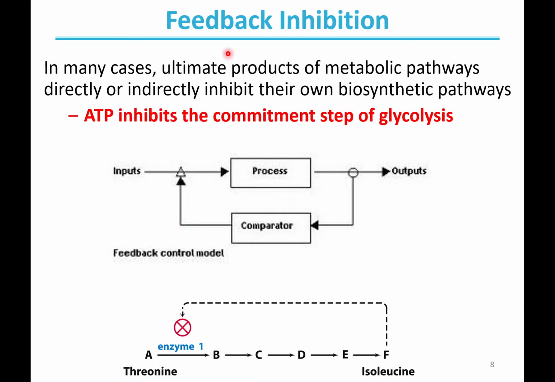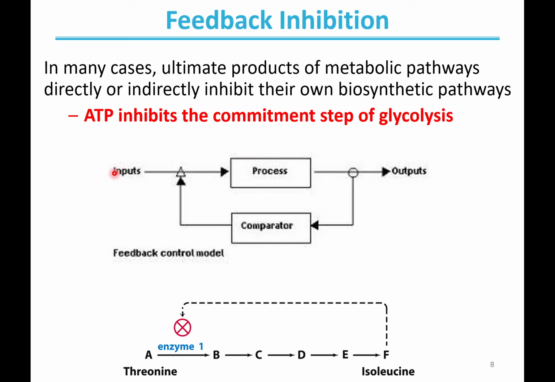One way cells regulate these pathways is by something known as feedback inhibition, that we sort of alluded to on the title slide. A similar block diagram is shown here, where you have a certain process that has inputs and outputs.